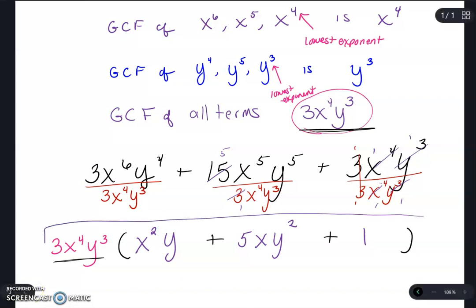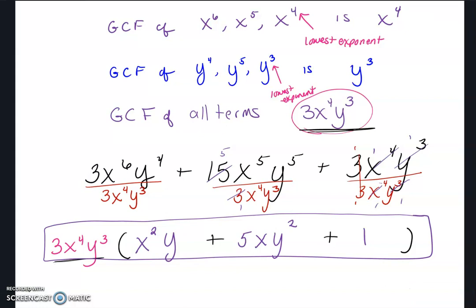All the question was doing was asking how that would look if I factored out the greatest common factor from the polynomial. And so I would have 3x to the 4th y cubed times quantity x squared y plus 5xy squared plus 1.